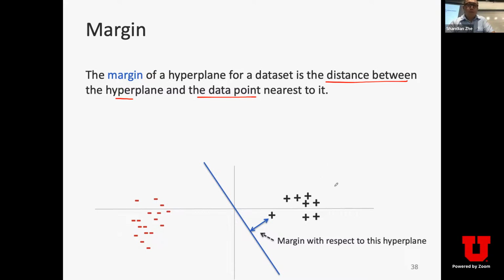Okay, let us look at the example here. We got a bunch of positive and negative examples. For a separating hyperplane, this blue line, the margin is the distance between the hyperplane and the point in this data set which is nearest to it. So basically, you can calculate the margin by calculating the minimum distance between every data point and the hyperplane.